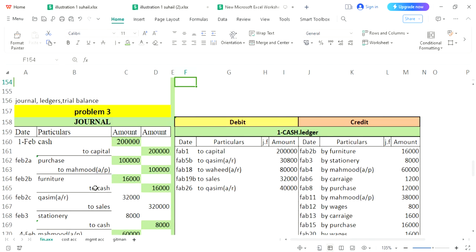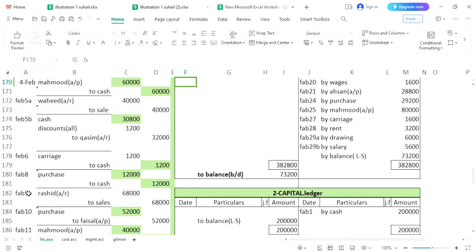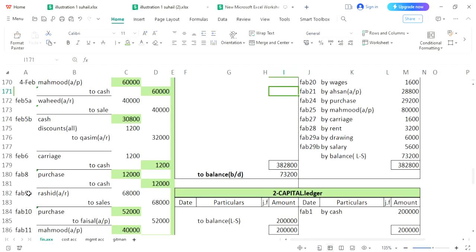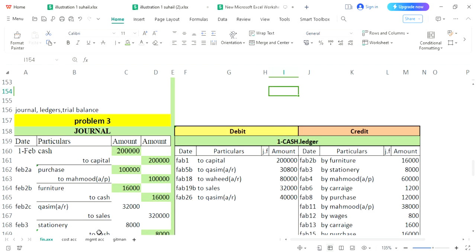You can see here Qasim is debited by 32,000, and February 2C is the date, so we put February 2C. Date is mentioned, reference is written, amount has been posted. It means the entry of 32,000 is completed, and we can mark it as done.